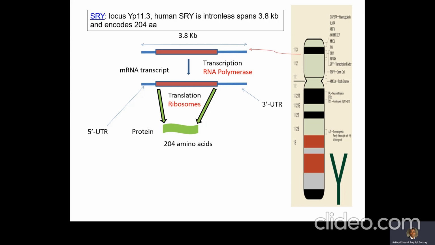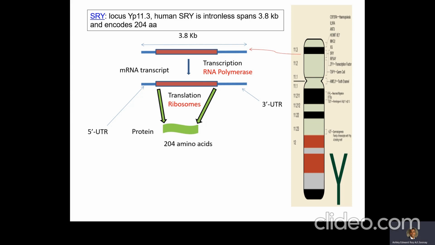It's a very small gene, 3.8 kb, and since it does not have any introns, no splicing is required. So it's transcribed and you get the primary transcript, and the entire exon is used for translation. There are only a handful of genes which have this type of structure.